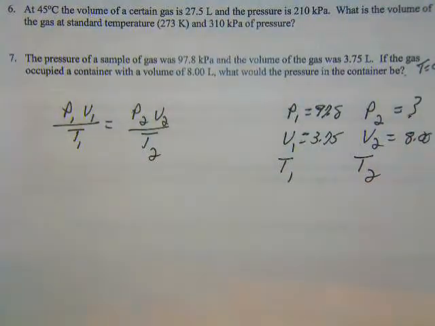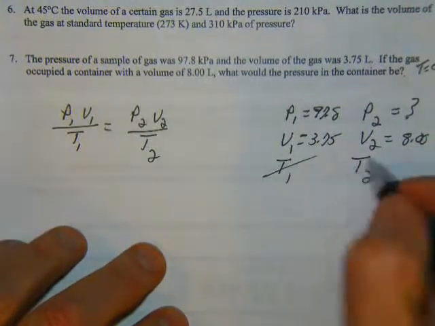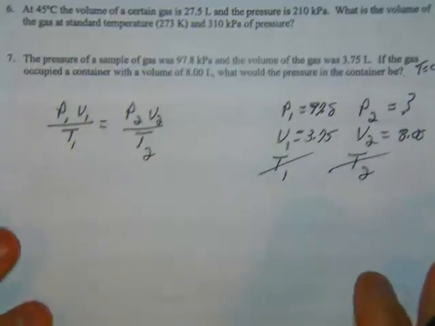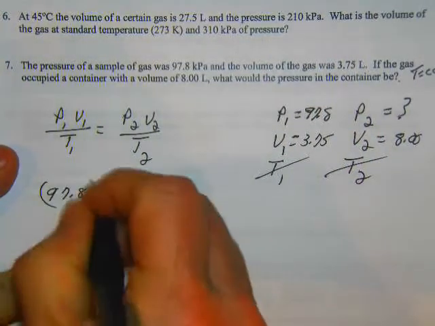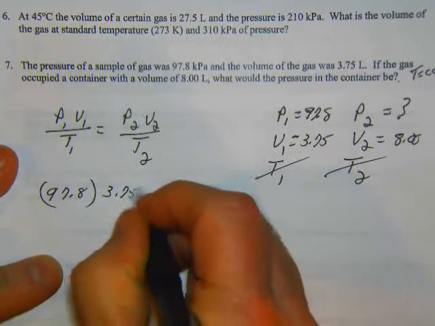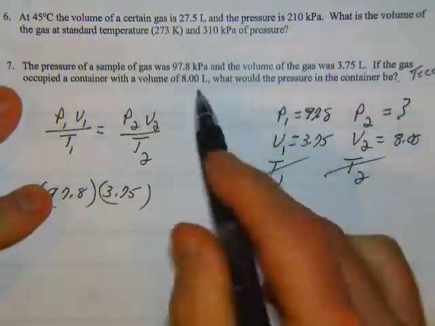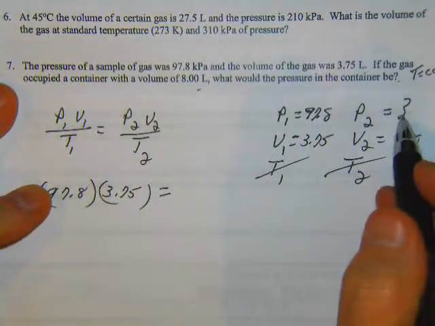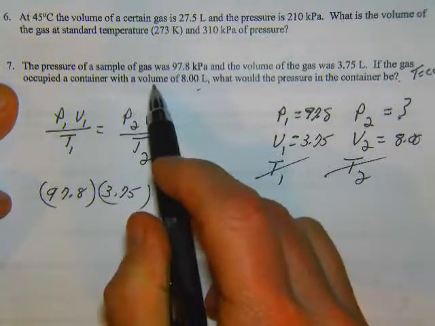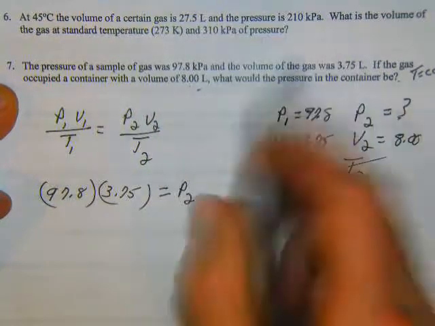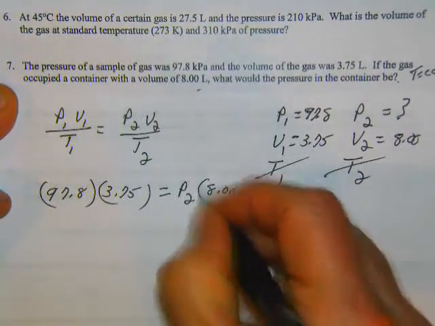This is kind of a goofy problem, because they're not saying anything about the temperature. It says the pressure and the volume of the gas, so we're going to assume temperature to be constant and take that right out of there. So we've got pressure 1, 97.8, volume 1, 3.75, and we don't know what pressure 2 is, but we know the volume is 8.00.